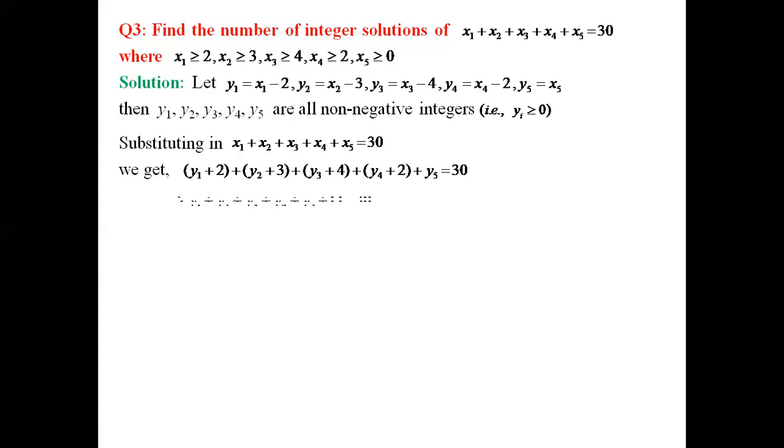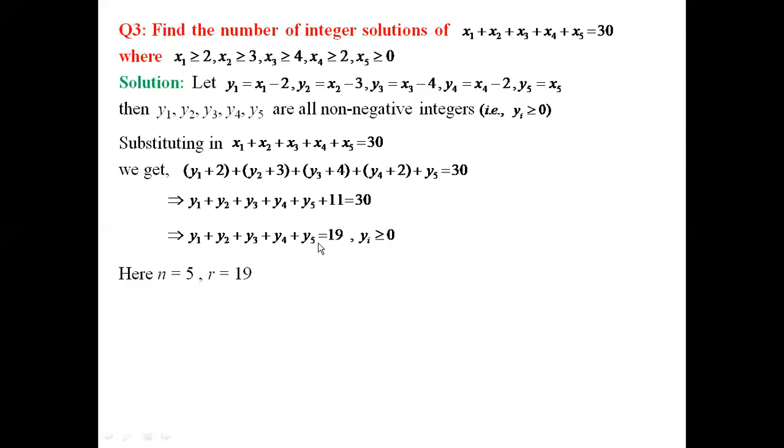Let us simplify this. So we get y1 to y5, plus the constants being added on the left hand side, giving us 11 equal to 30. Taking 11 to the right hand side, this will be 19, and each of these yi is greater than or equal to 0. Now this comes to the standard form of our requirement to apply the formula for combinations with repetitions.